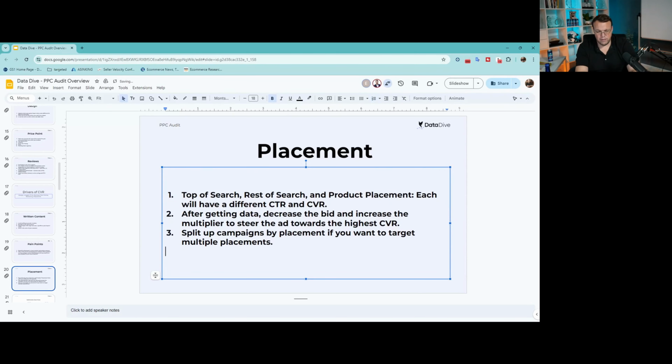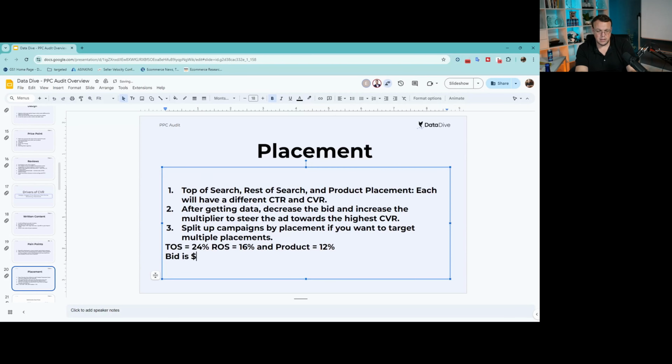If I have top of search equals 24%, rest of search equals 12% or 16%, and product equals 12%, my bid is $1.50.